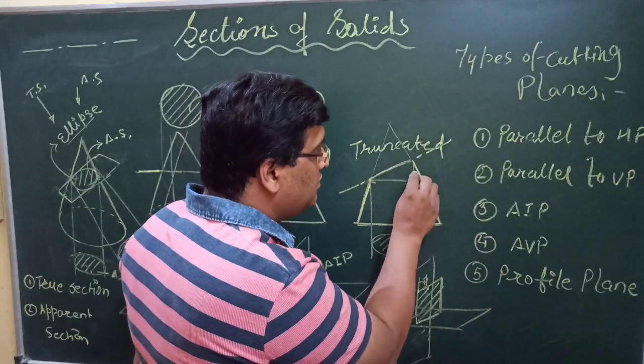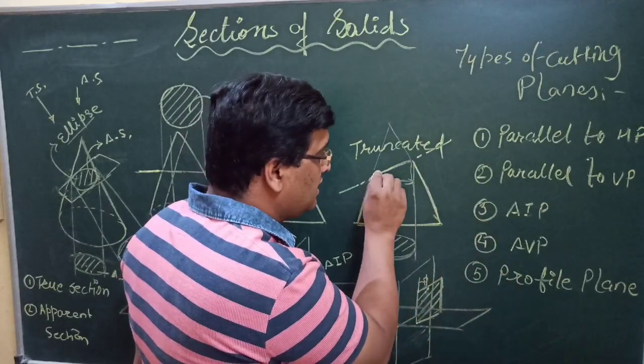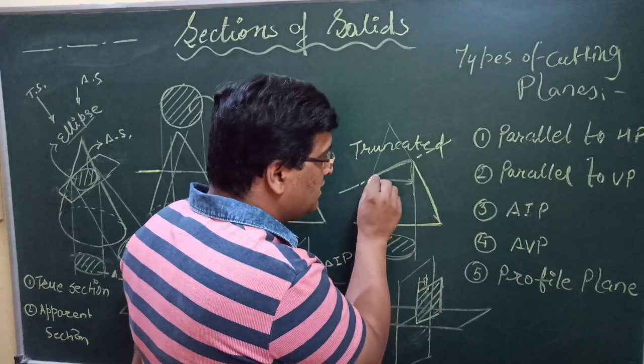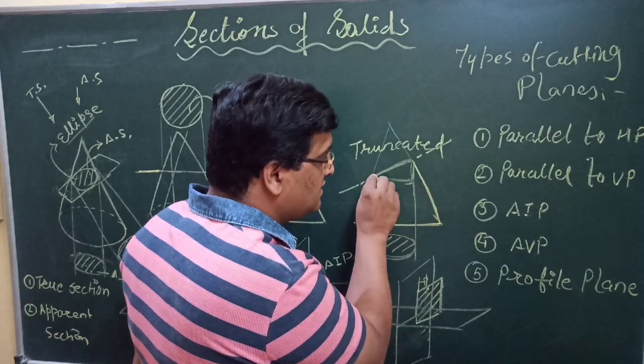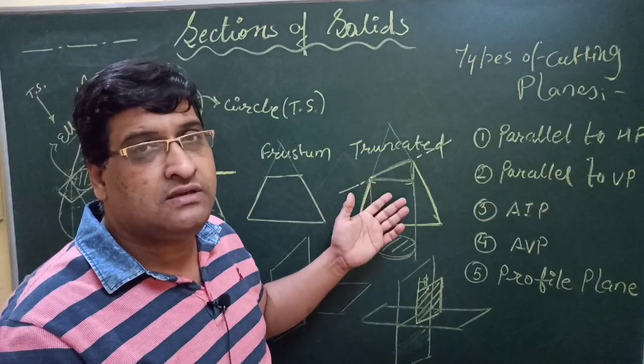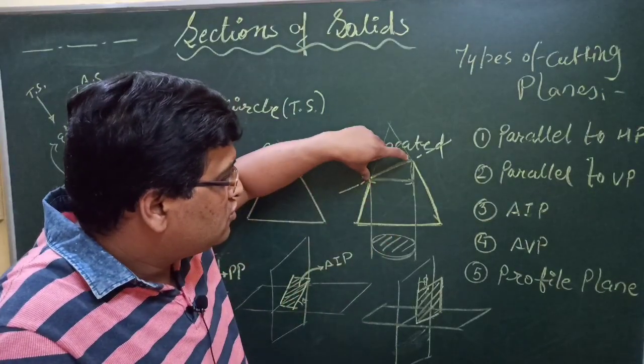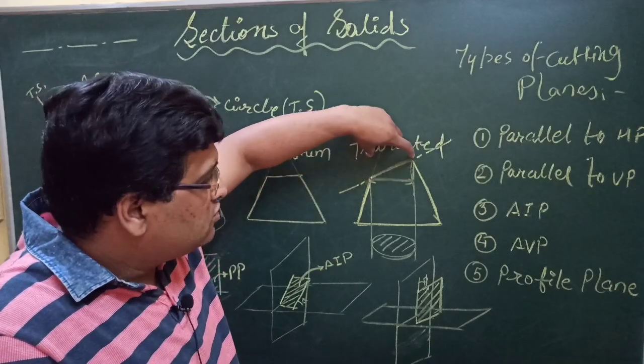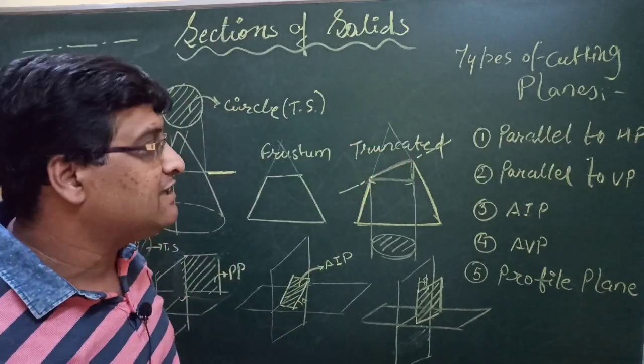So a right angle triangle is there, you are looking at this distance as width, actually this is this much. So it's something like in projection of a straight line, this is the true length and this is the top view of this true length when the line is inclined with HP.